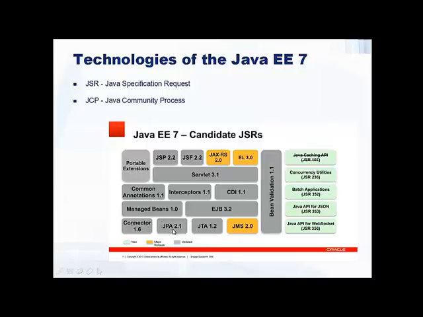specification. We have the JPA, which stands for Java Persistence API, JTA, which stands for Java Transaction API, and the Java Messaging Service. These technologies are all related to the Enterprise Information System tier, so basically the mechanism in which we can communicate with external systems.